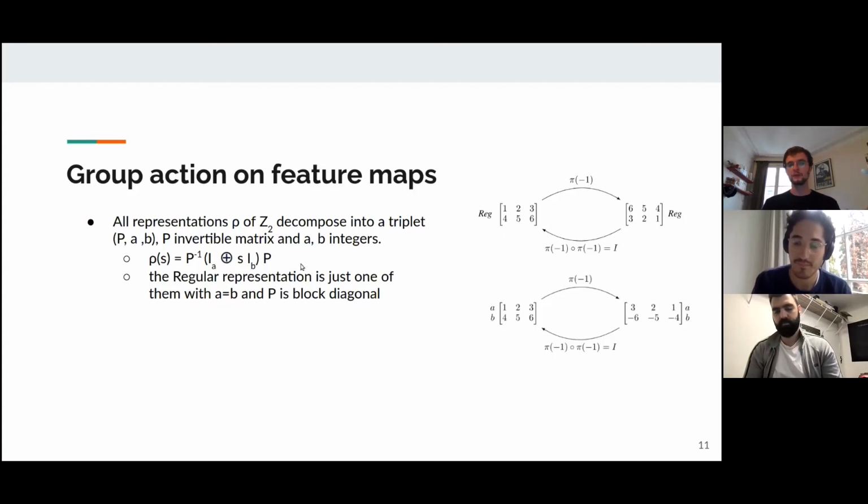And when you don't constrain A, B, and P, you have basically all of the possible group actions on the intermediary feature space. So it's a bit more general as a result, but you are right that it is exactly about just picking what is going to be the group action effect on each feature map.